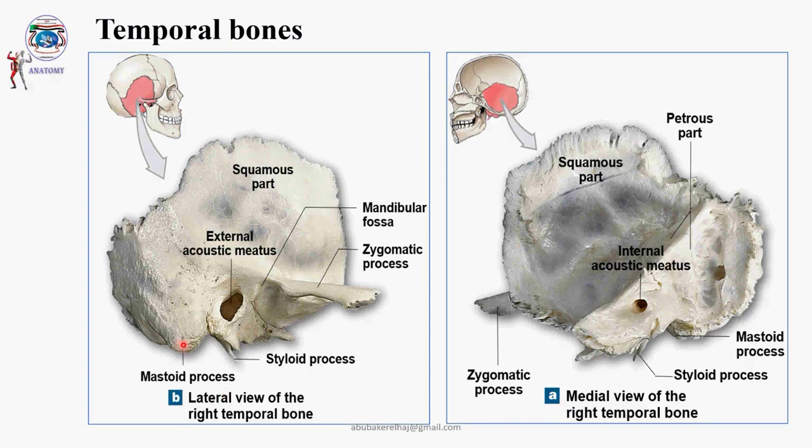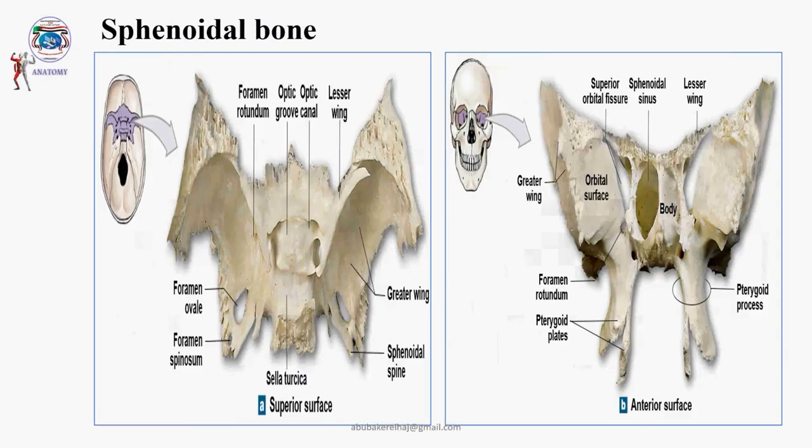That means we have the squamous part and the petrous part of the temporal bone, and also we have the mastoid process and styloid process of the temporal bone. The petrous part of the temporal bone contains the internal acoustic meatus and also the middle ear, or the ossicles of the middle ear, and the internal ear, okay.